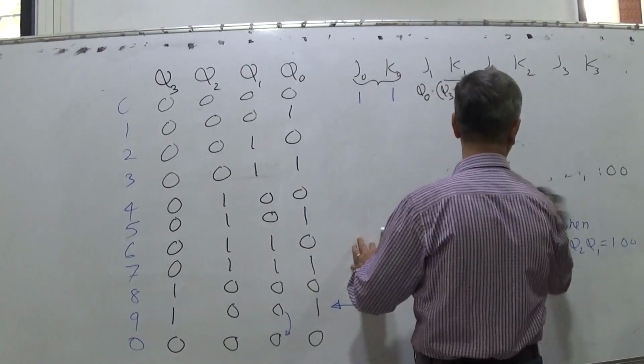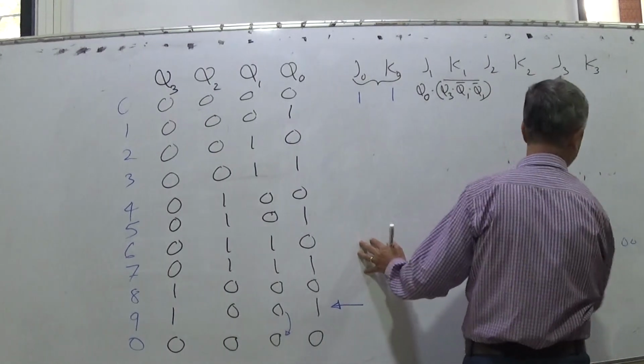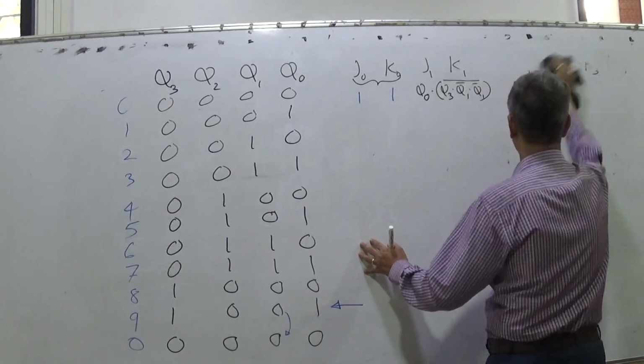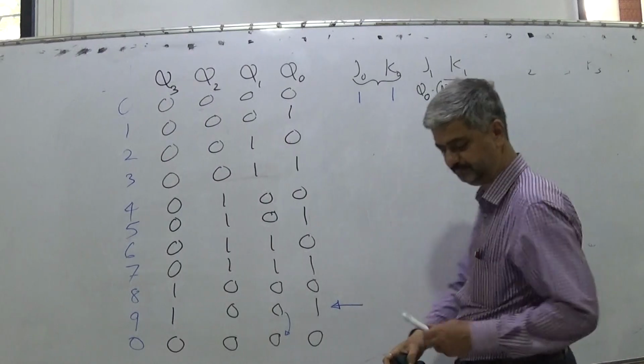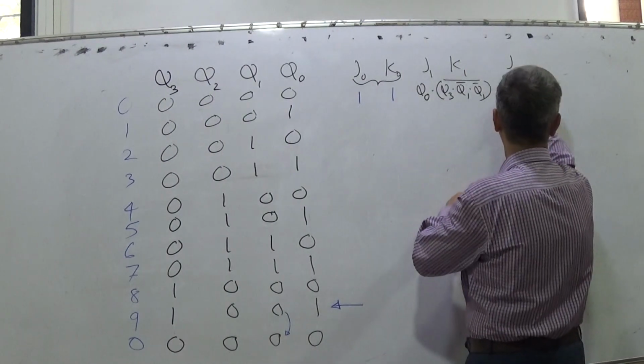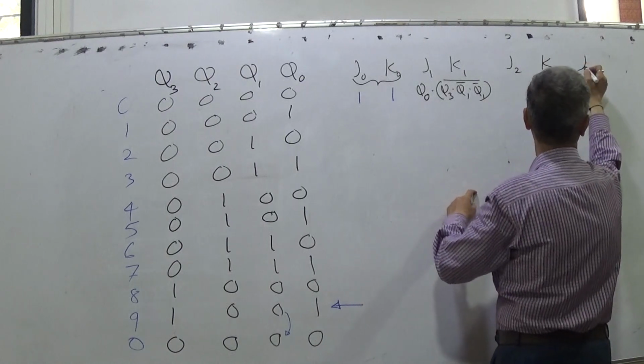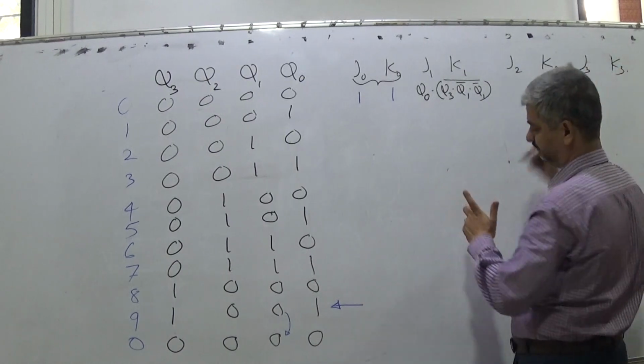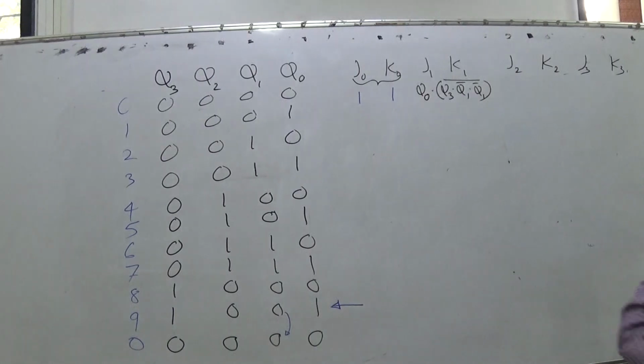The next we go for number 2. Flip-flop number 2 inputs, J2 and K2. What about J2 and K2? For J2 and K2 things are somewhat simpler.